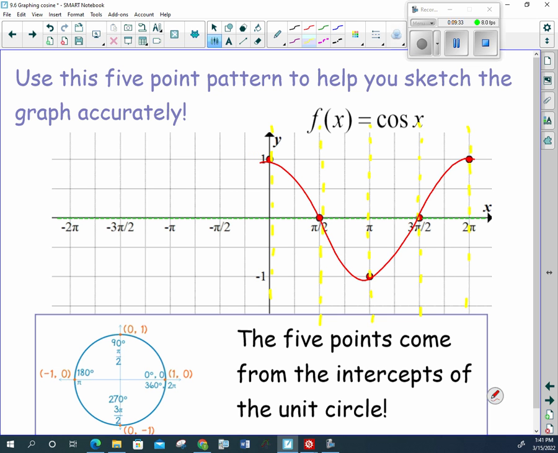Let's see if I can draw that a little bit better. There we go. So we got 4 regions right there. And same thing, it's because we're doing the intercepts on the unit circle. There's 4 quadrants in our unit circle. So there's 1, 2, 3, and 4. So it's going to always divide our cosine curve into 4 equal parts.